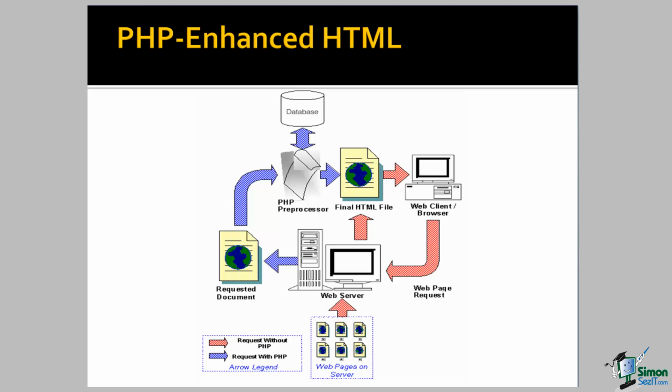In contrast to that, with PHP-enabled web pages, when a user requests an HTML file, a website file from our server, the server then reads or interprets the PHP code that's embedded within our HTML files, and does something. It may request data from a file on the server. It may request data from a database.